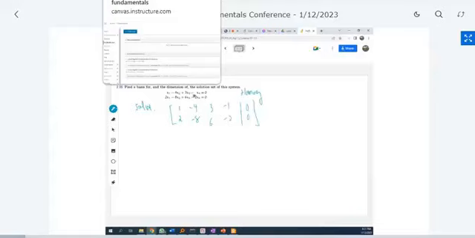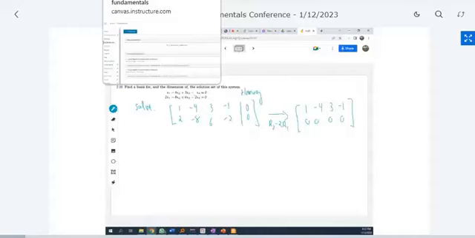Now you can see there seems to be a kind of relationship between these two rows. In fact, if I take R2 minus 2R1, I end up with 1, -4, 3, -1, and then 0, 0, 0, 0.